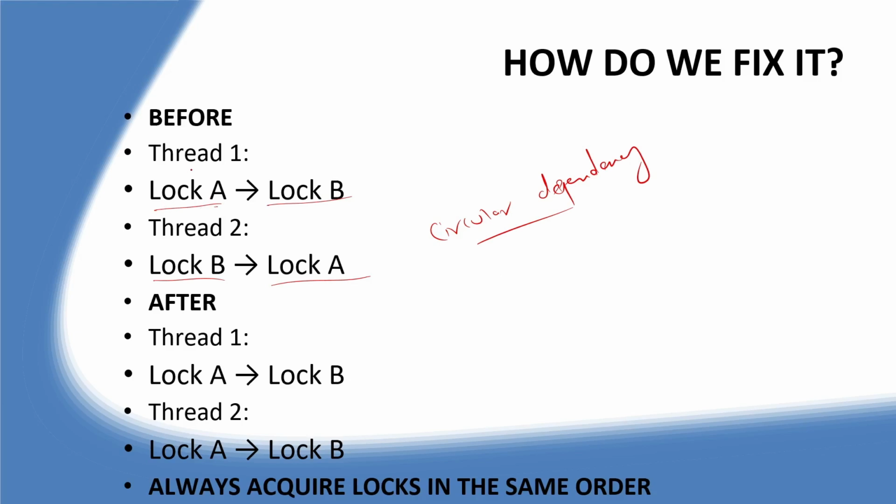Lock A is acquired by thread 1, then it is trying to acquire lock B. And likewise, thread 2 acquires lock B and is trying to acquire lock A. So these are opposite in nature. It should be the same order.